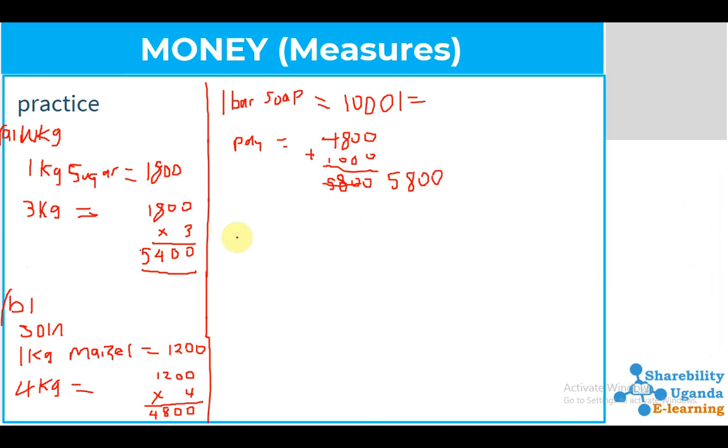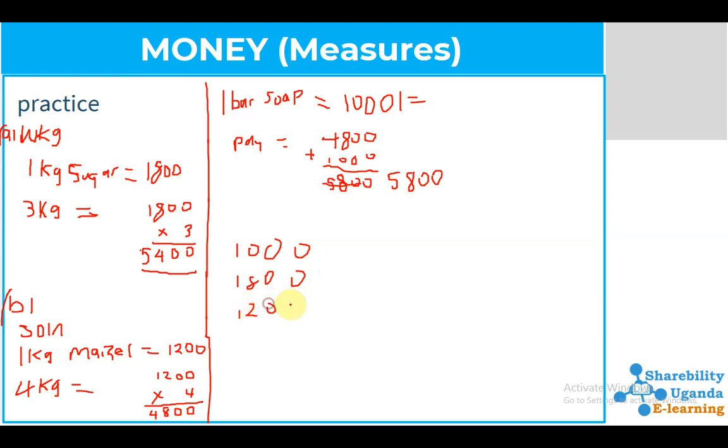Bar of soap, which is 1,000. I talk about sugar, which is 1,800. They talk about maize flour, which is 1,200.